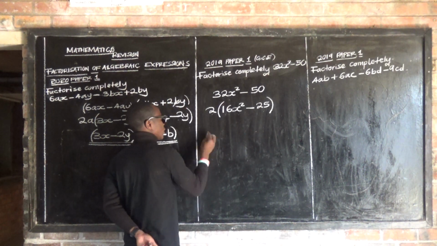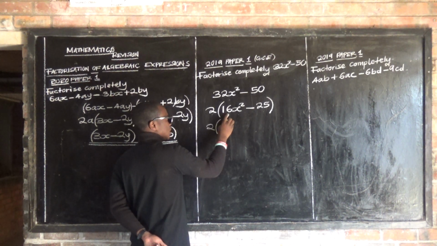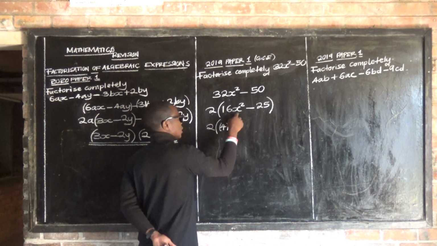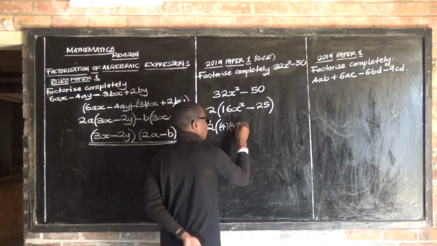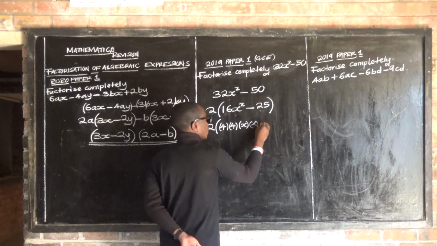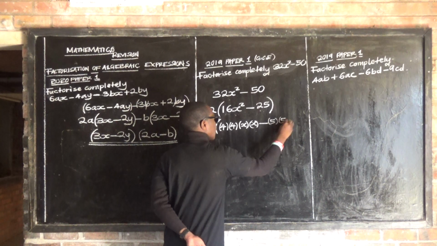So we are going to maintain our common factor, which is 2. Then you can expand 16, a product of 4 by 4. x squared is a product of x by x. 25 is also a perfect square, a product of 5 by 5.